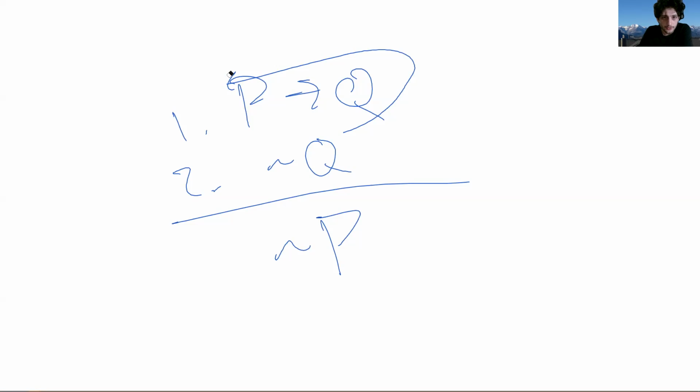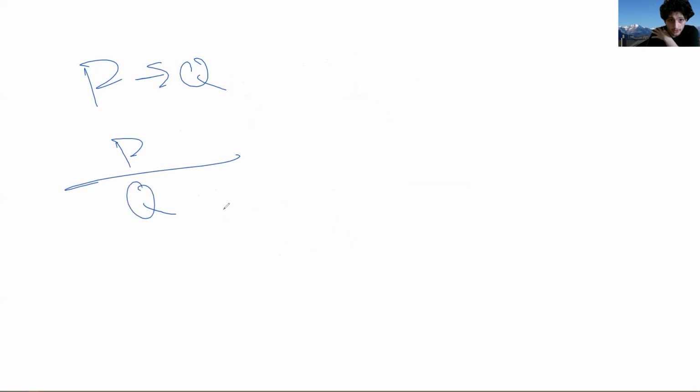So that's what Modus Tollens is doing. It's working backwards. Let me go ahead and clear this. Modus Ponens says if P then Q, and you also have P, you can get Q. This is Modus Ponens, your bread and butter.